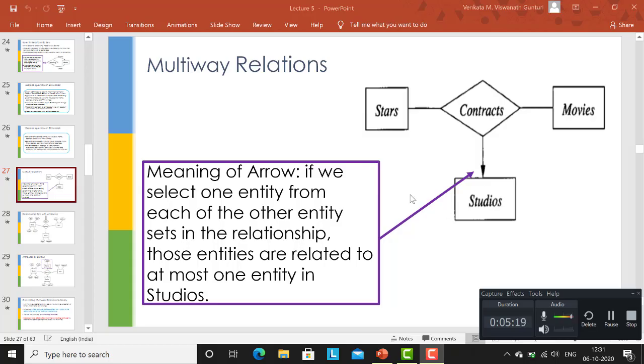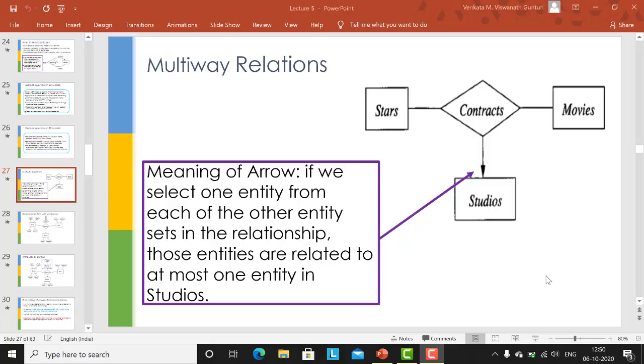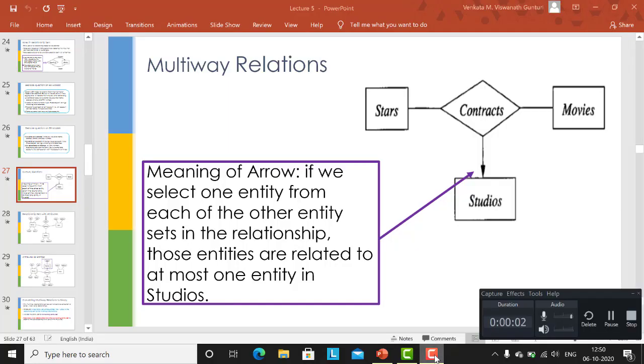So that means that for a unique pair of stars and movies, there will always be a unique value of studios. So in other words, I'll say that contracts is a many to one relationship from the pair stars and movies towards studios, right? So it's a many to one relationship from stars and movies to studios, given that we have a bold arrow entering studios, right?